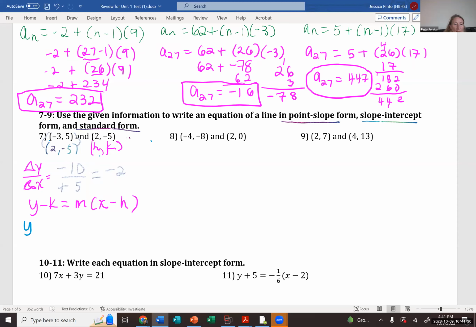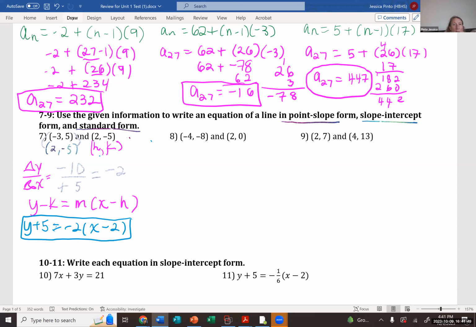So we keep the y minus -5, so that'll be +5, equals -2 times x minus 2. Okay, so this is point slope form.